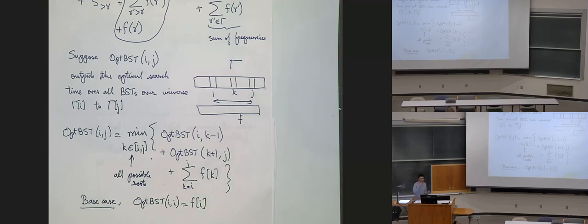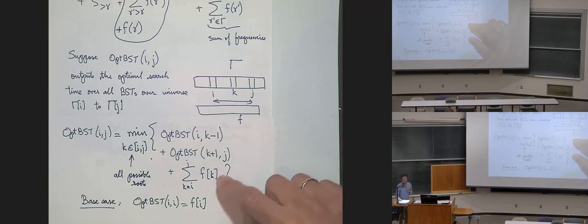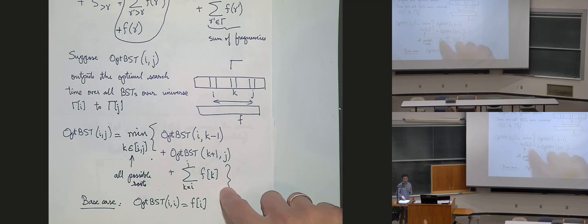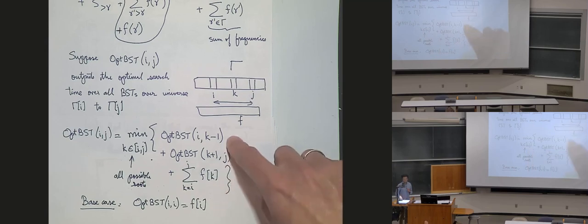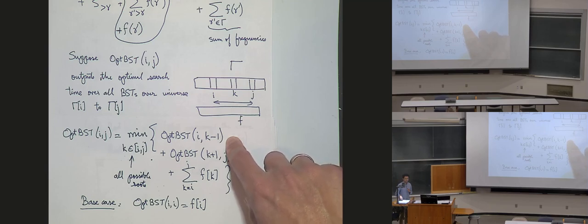According to that formula, when all the frequencies are added, the summation of f of k, the same thing will be repeated for opt BST of i to k minus 1, right? Let's suppose E is the most frequent, and the count of E is 10, and the next largest frequency count is 8.